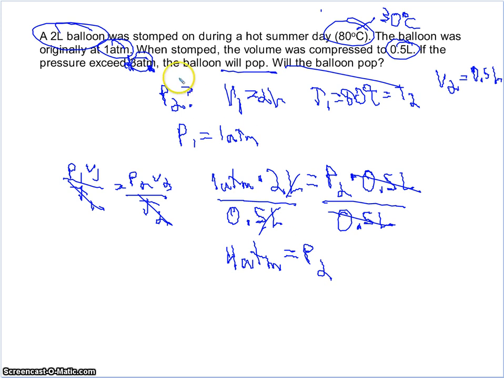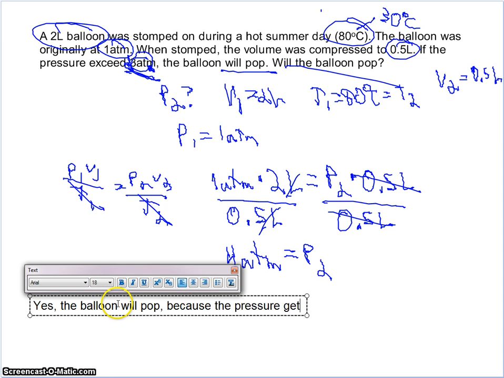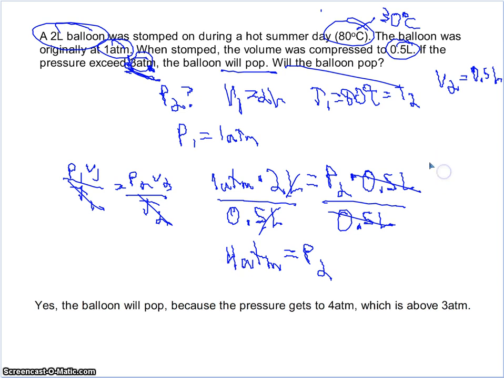Now, it said if it exceeded 3 atm, the balloon will pop. So now I can write my answer. I can say, yes, the balloon will pop because the pressure gets to 4 atm, which is above 3 atm. And there we go. It pops.